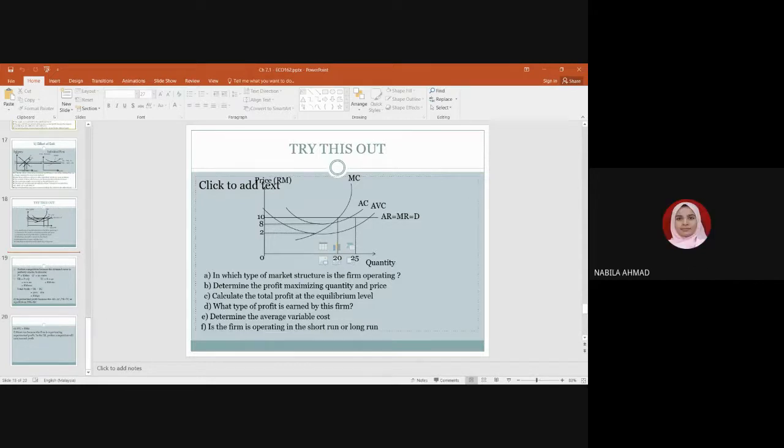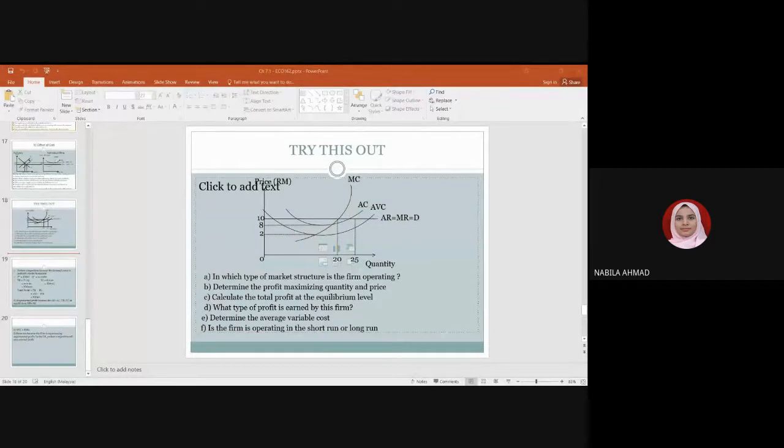Okay. Alright. So now take out your textbook. Kita lihat soalan dalam textbook. Okay.